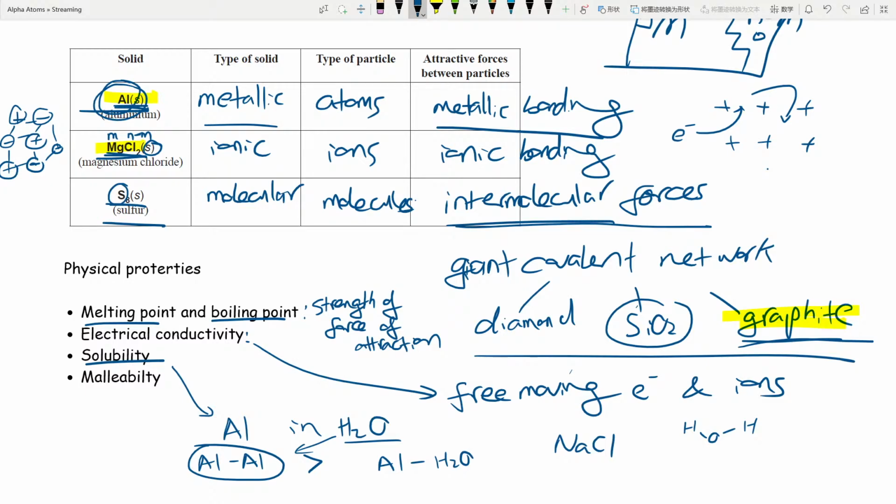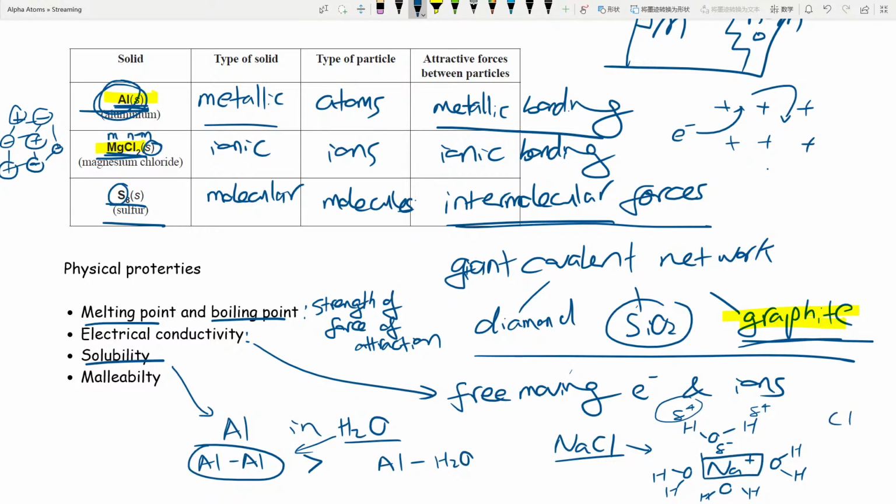So the oxygen of the water is slightly negative, and the hydrogen is slightly positive. When NaCl comes into water, the Na pluses get pulled apart by the water molecules, as well as the Cl minuses, because the positive ends of the water molecules face the Na plus, which is much more positive than the slightly positive hydrogens.